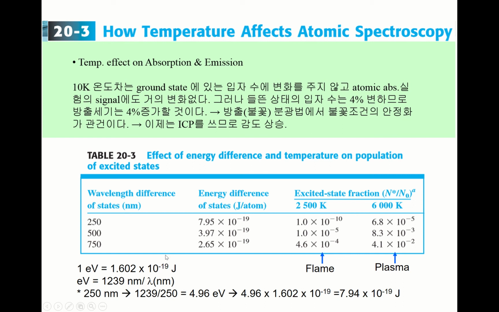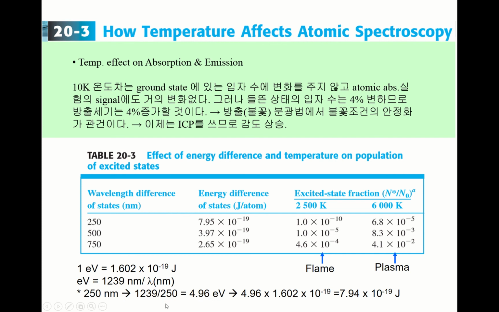To translate into this, my way of calculation is to consider electron volts. One electron volt is 1.602 times 10 to the minus 19 joule, and electron volt and wavelength have this relationship: from electron volt we can get nanometer, or from nanometer we can get electron volt. For example, 250 nanometers corresponds to 4.696 electron volt.